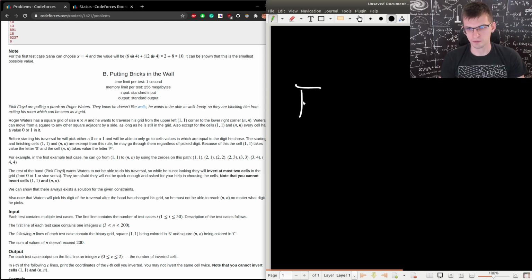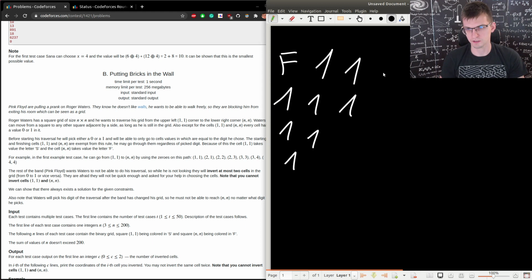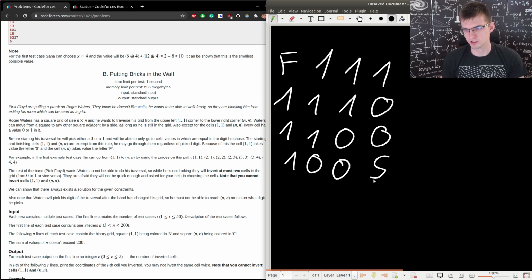Yeah, so my first understanding was that there is a grid, some values are 0, some are 1s, and you need to change at most 2 cells so that it was possible to go from F to S using only 1 digit.